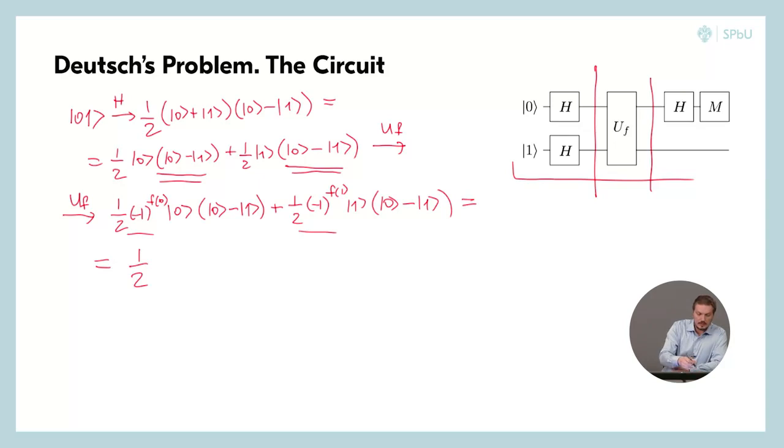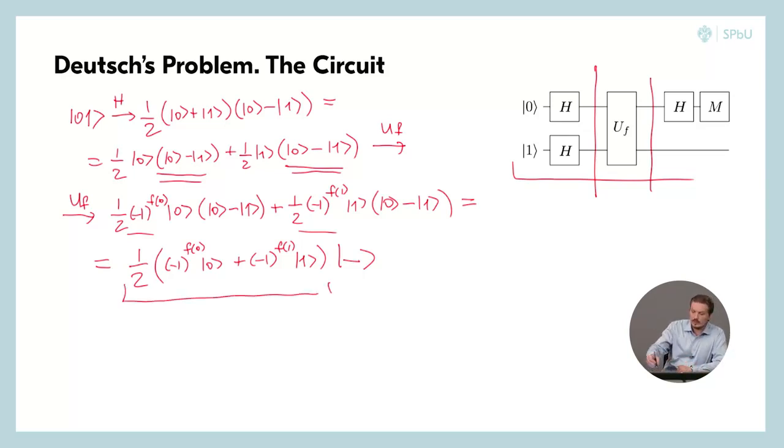So it's again 1/2. Now it's minus 1 to the f of 0, 0, plus minus 1 to the f of 1, 1. And here is this vector minus, which is not interesting to us anymore. We are now interested in this first qubit because all the actions here are applied to it.